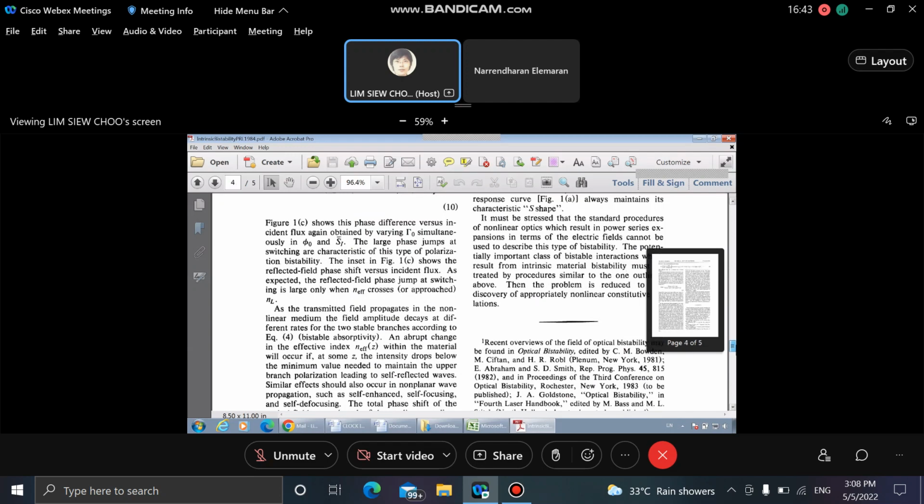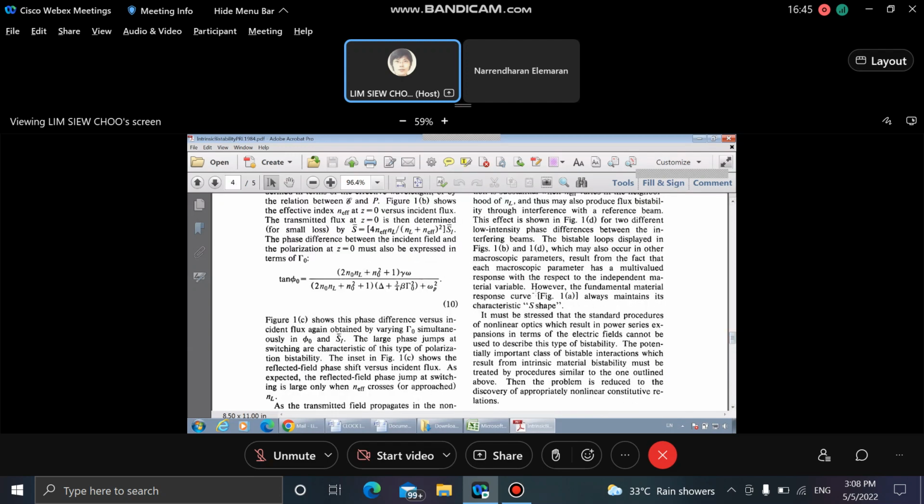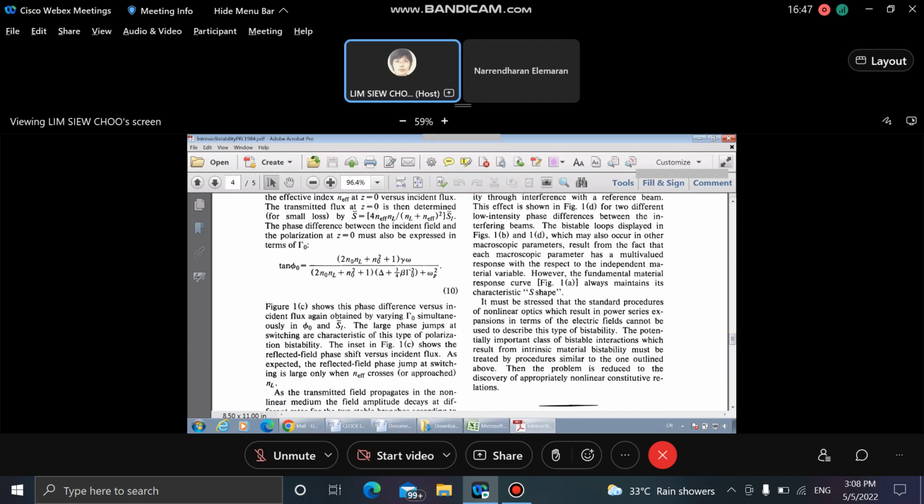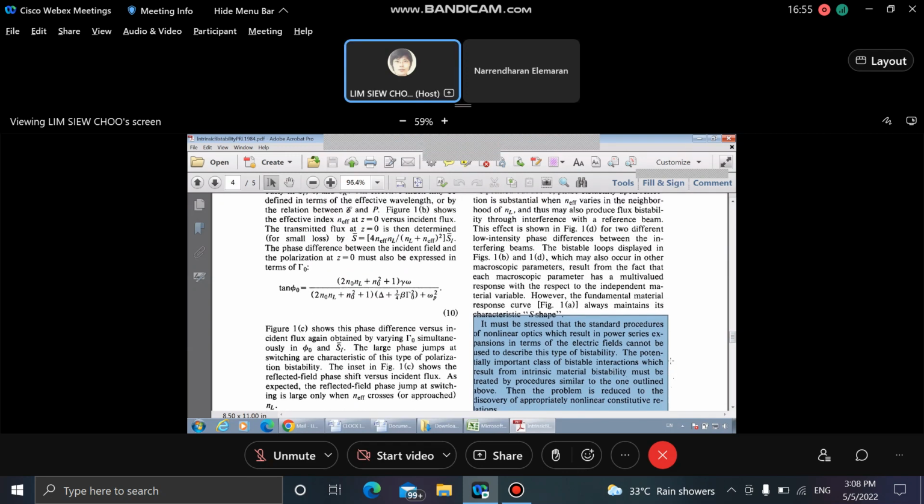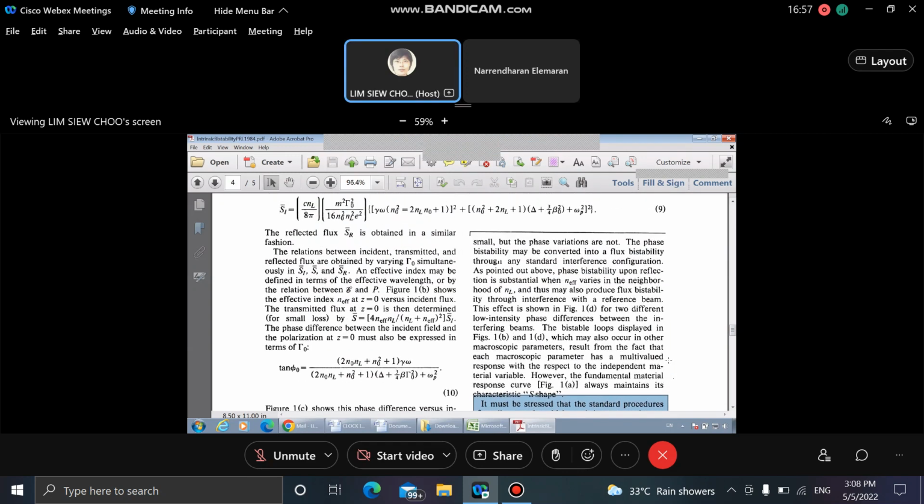I think last time I did point out that this paper did mention that systems with quite strong nonlinearity are not so suitable for this approach.